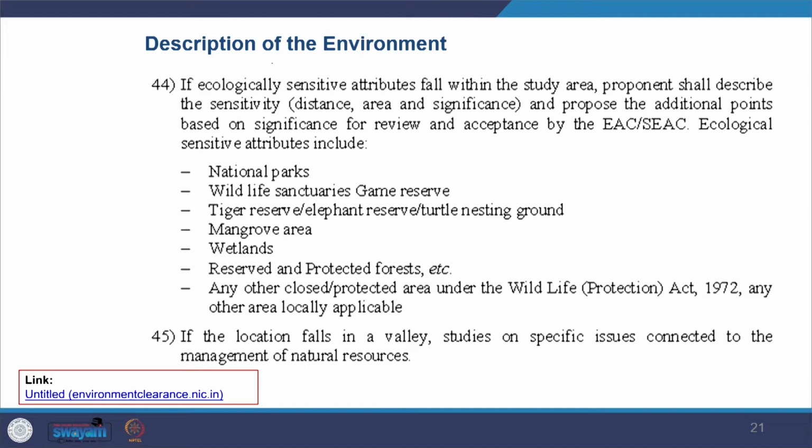The nation might already have identified a list of national parks, wildlife sanctuaries, tiger reserves, elephant reserves, turtle nesting grounds, mangroves, wetlands, reserved and protected forests, wildlife protected areas. All these lists can help you to identify those areas.